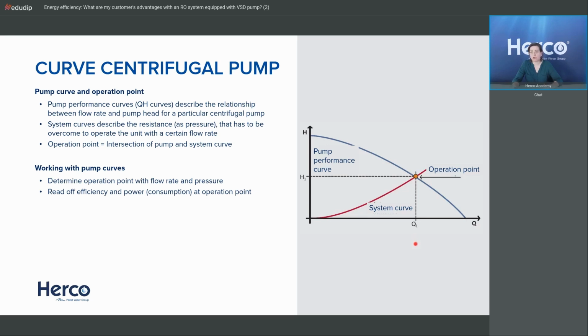If I work with pump curves, I will have a look at my flow rate that I need for my RO. I will choose a pump that gives me the required head at this flow rate. And I can also read off efficiency and power consumption at this operation point from the sheets of the pump manufacturer.